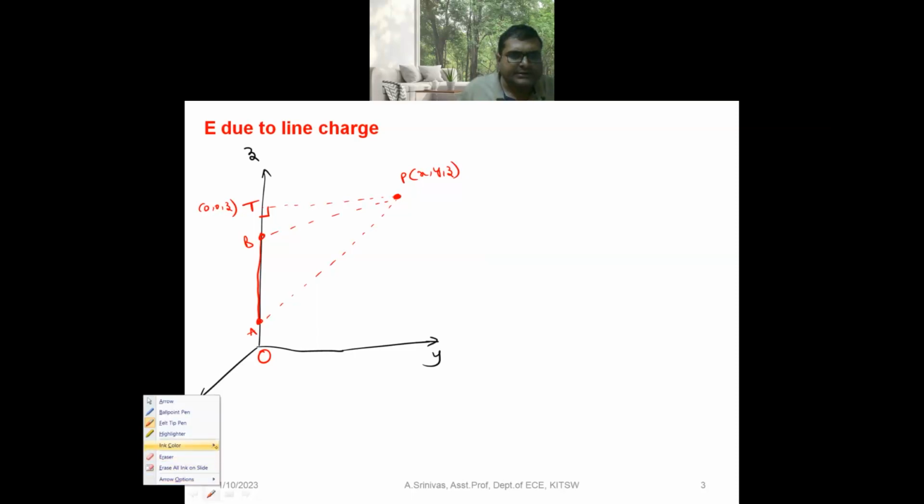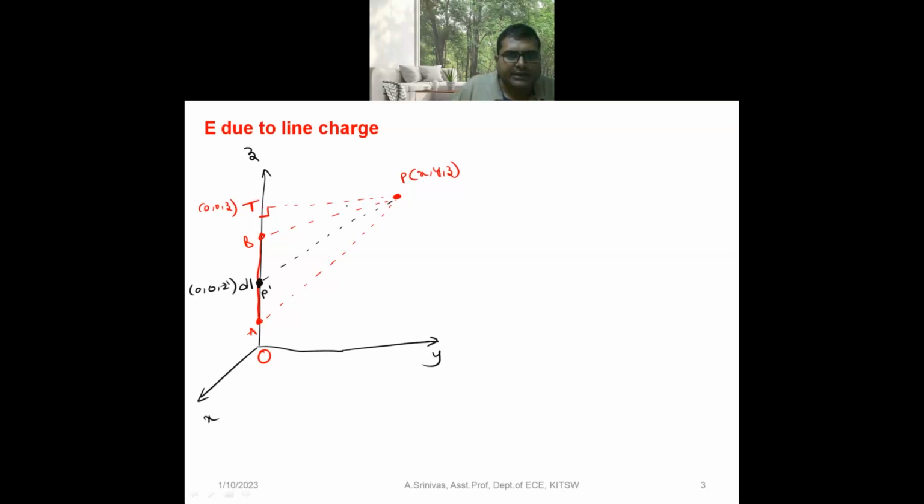Consider a small differential element dl with coordinates 0, 0, z dash. Now let it be point P dash. Join the points P and P dash.